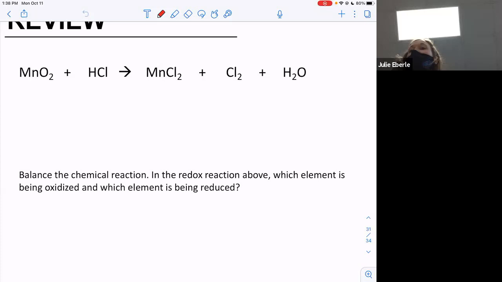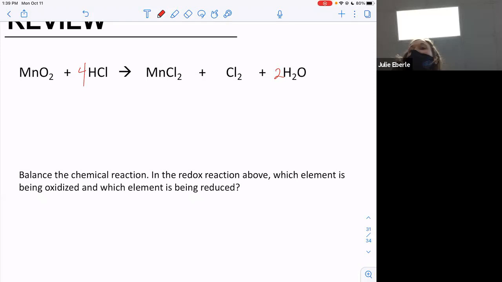So try a 2 in front of water, maybe that will help. 4 on HCl, Ethan said, because you notice there are 4 chlorines on the product side between our 2 products. So we'll need 4 on the other side. Now we've got one manganese, 2 oxygens, 4 hydrogens, and this makes 4 hydrogens and 4 chlorines. So I think we're good.